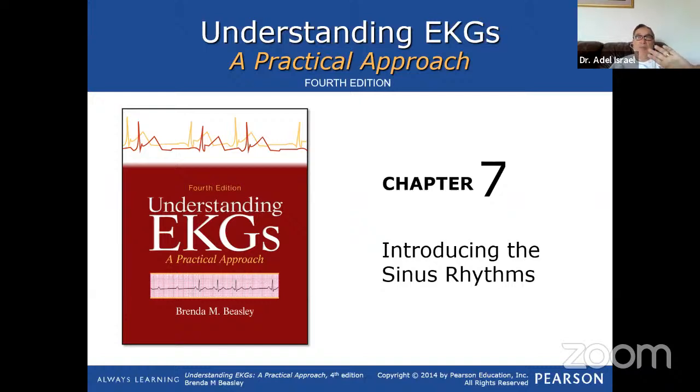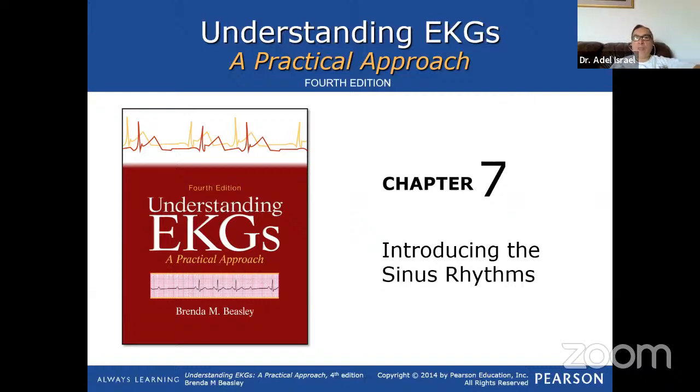So if we find number 1, number 2, number 3, number 4, number 5, all of them belong to the normal criteria, so this will be a normal EKG. And a normal EKG, in our language as cardiologists, we will say it is sinus rhythm.